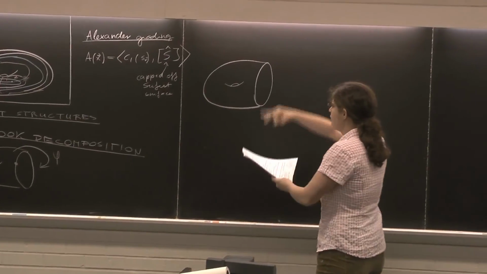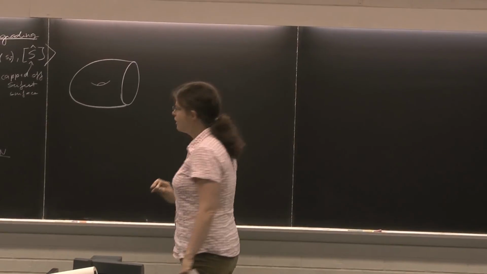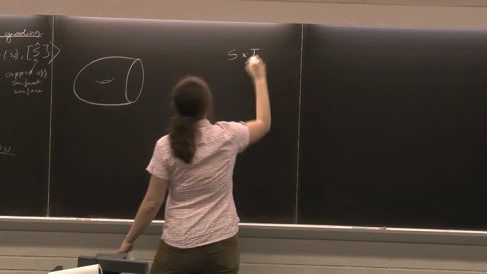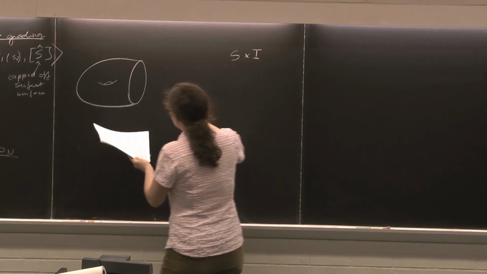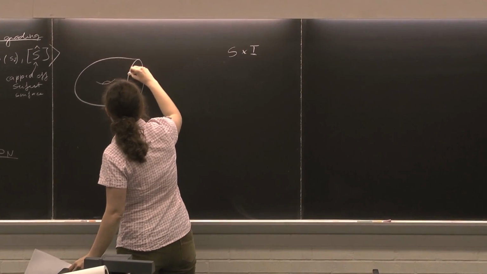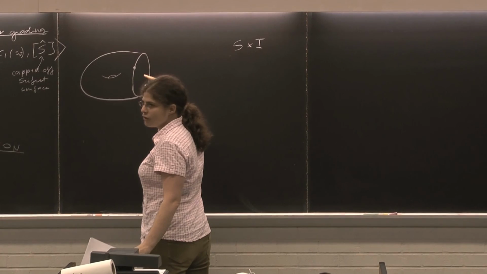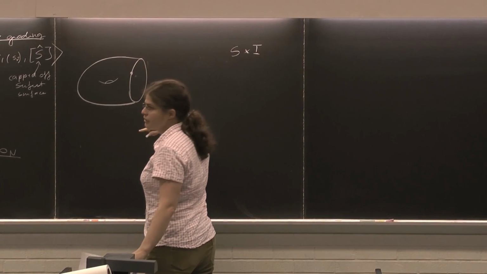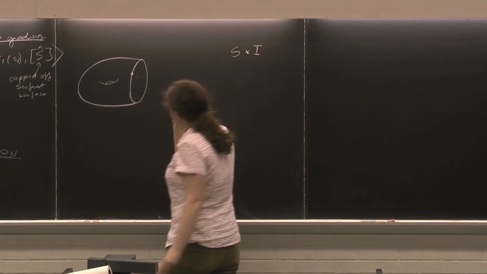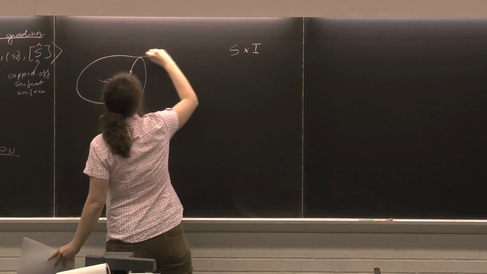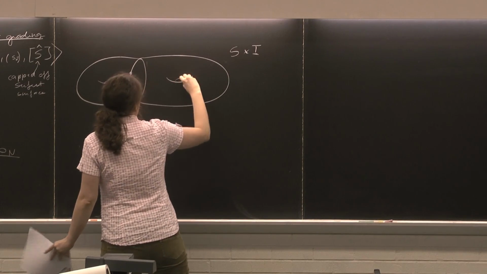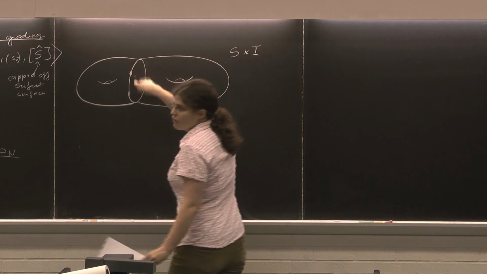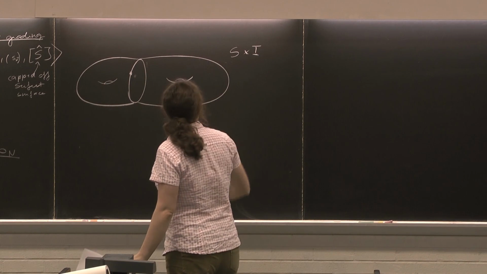So if it's an S1 family, I just take half of the S1 family, and that's going to give me the surface cross an interval, with all of these points on the boundary being the same on this interval. So all of these points are the same on each surface. Meaning that I have this surface cross interval here. This is the boundary of it. So this point is identified with this point here. That's why I do it to the same spot.